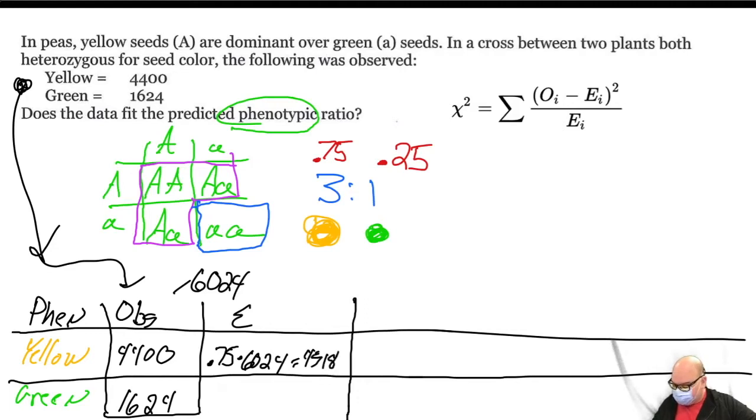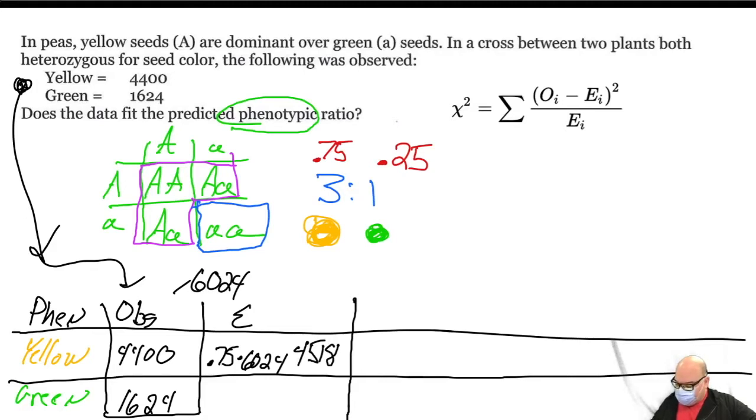Okay, so that's my expected 4518. Let me see if I can write that a little bit neater. I'm just going to write that a little bit bigger, 4518.